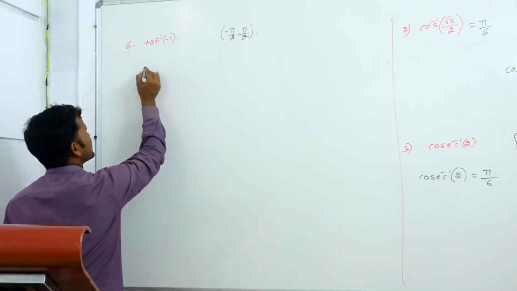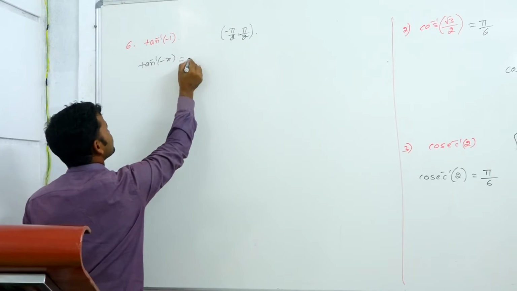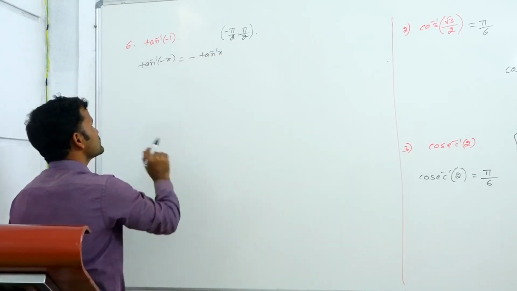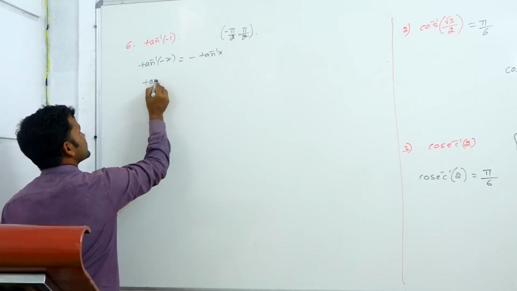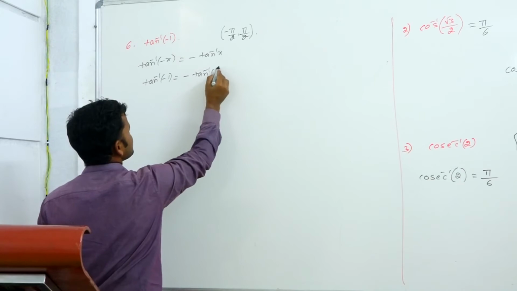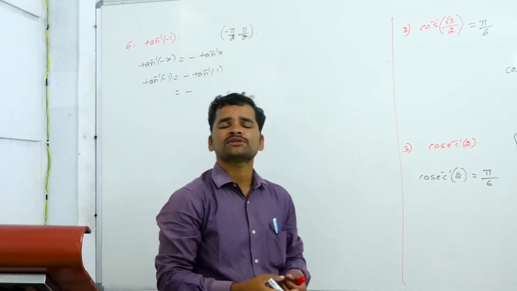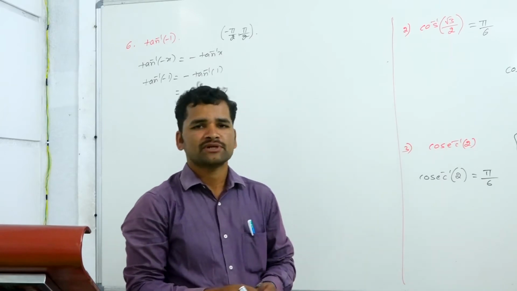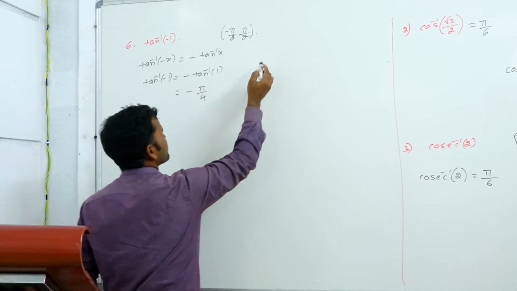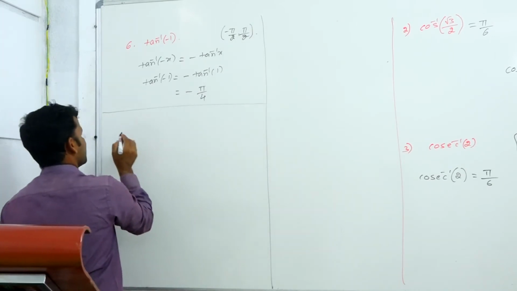We have tan inverse of minus x is equal to minus tan inverse of x as the property. Use that property first. Tan inverse of minus 1 is equal to minus tan inverse of 1. Tan of which angle gives you 1? All of us know that tan 45 degrees is 1. Means here tan inverse of 1 is equal to pi by 4 in radians.